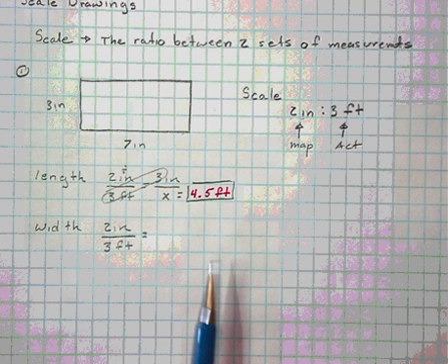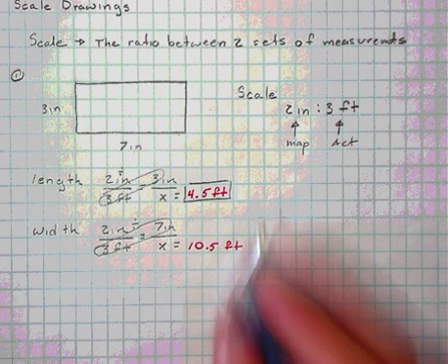This is going to be my actual. I don't know my actual yet. I have to multiply diagonally, then divide by my leftover number. 7 and 3 is 21. 21 divided by 2 is 10.5. Or you could think of it as 10 feet, 6 inches.